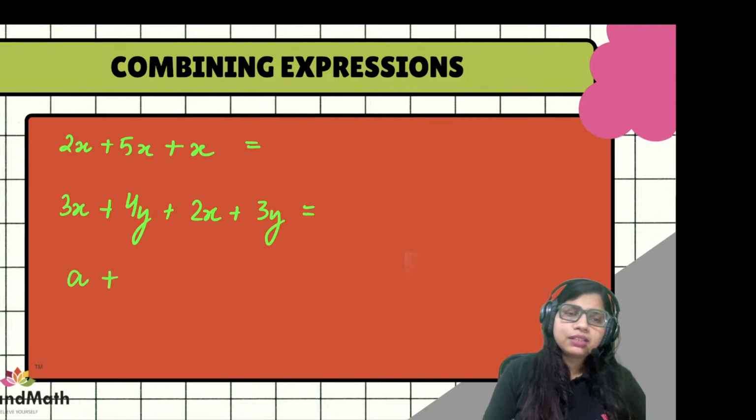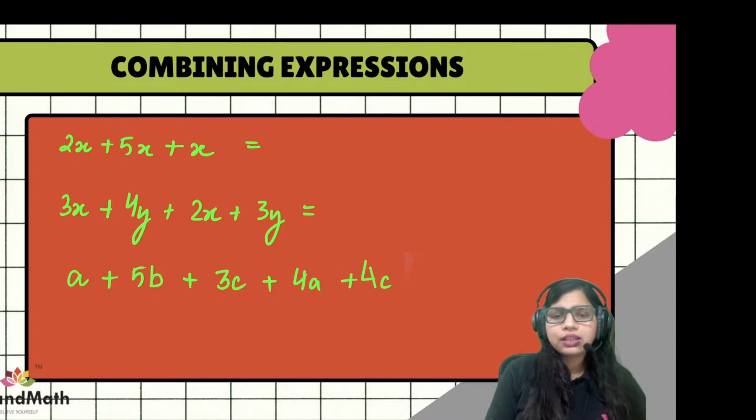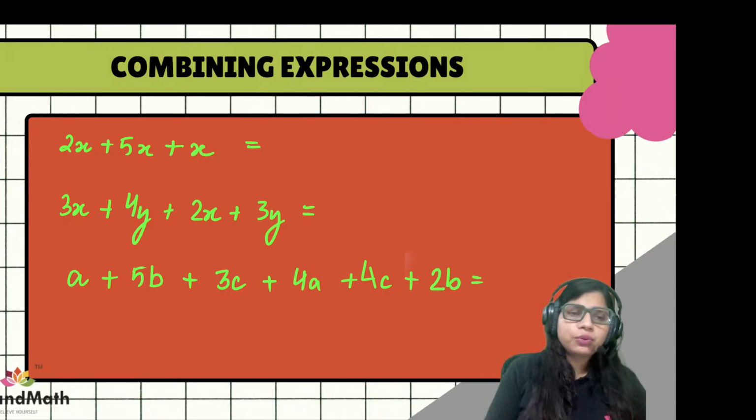Then a plus 5b plus 3c plus 4a plus 4c plus 2b. Okay, so first question, second question and third question.